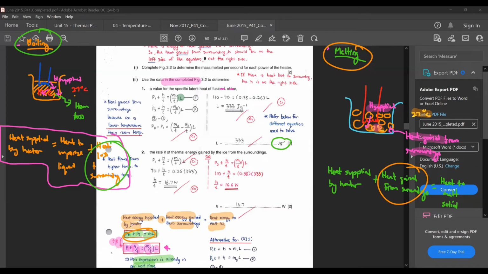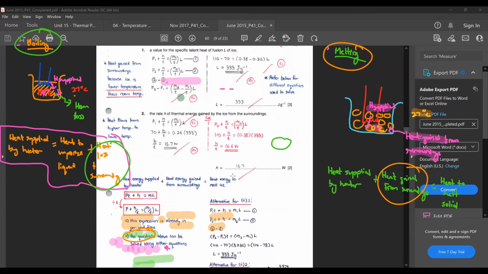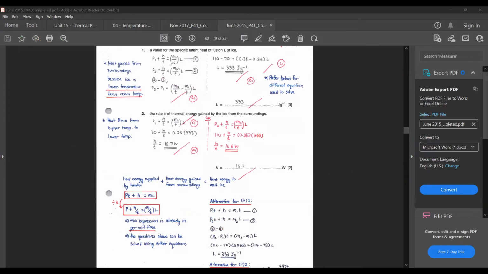That one is also perfectly fine to do, because you actually have the value for time. All right. Because T here is actually 5 minutes. You convert to seconds, it will be 5 times 60. It will be 300 seconds.